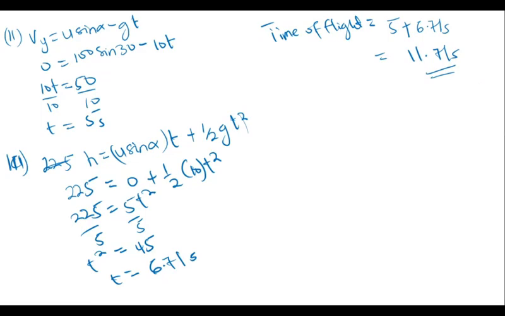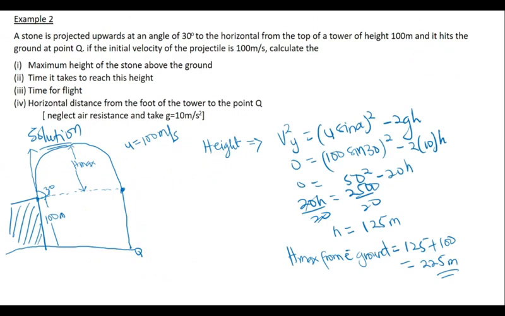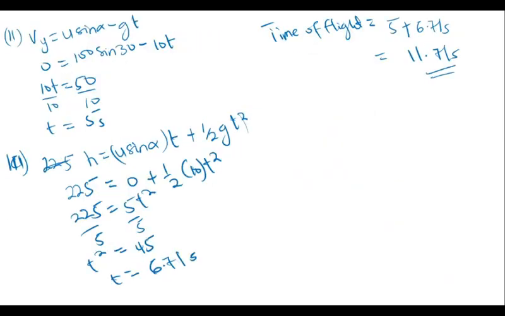Now let's look at the final aspect, the horizontal distance, or the range. For the range, we have the velocity ux, or u cos alpha, times the time of flight. u is already 100, so we have 100 cos 30 multiplied by 11.71 seconds.